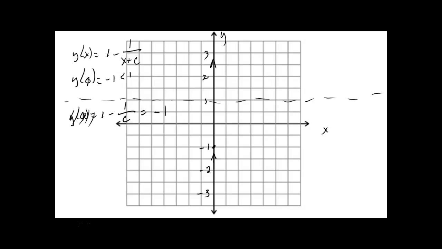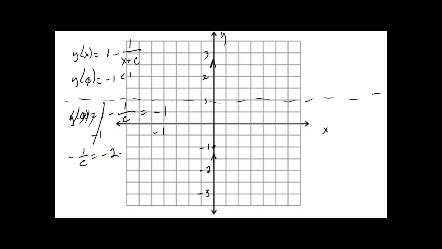It's 1 minus 1 over C is equal to -1. Which one? This one? Yeah, subtract 1 from both sides. Good choice. That throws that away, and you have -1 over C is equal to -2.